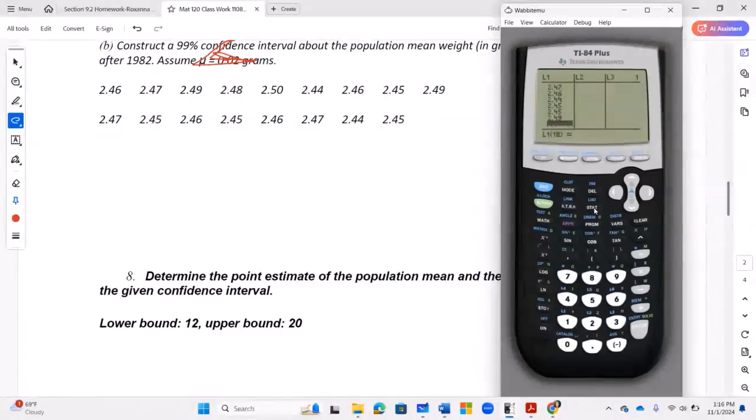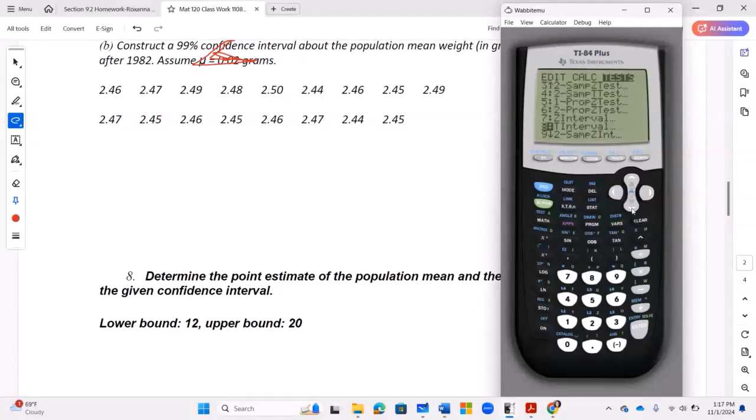So now I'm about to do the confidence interval. I go to STAT, arrow to TESTS, and it's asking me what I want to do. I want to do T interval. Why am I doing a T confidence interval? Because the sample size is less than 30. T interval is number 8.